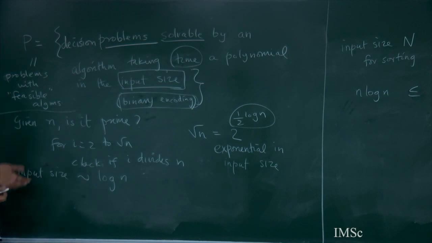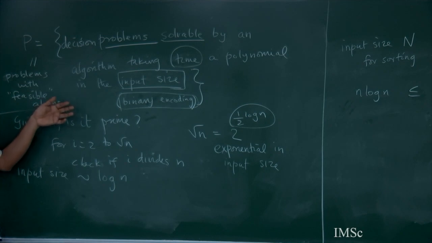Why? Because strictly speaking, if you have a problem which takes n power 100 time, it still belongs to P. Would you consider that a reasonable algorithm? You may not, but there are very few exceptions of that type. If you look at the class of all problems solvable in polynomial time, typically n square, n cubed, you start with an n power 5 algorithm maybe, and then gradually they are improved to n cubed, n square.